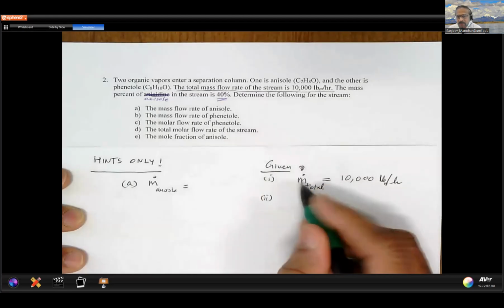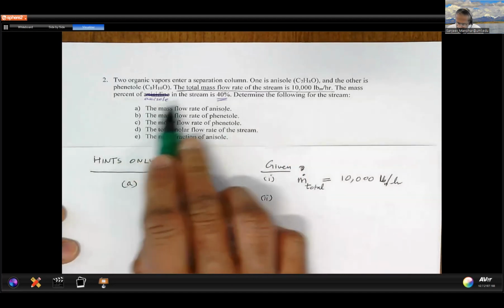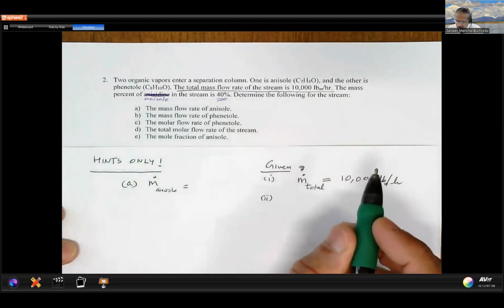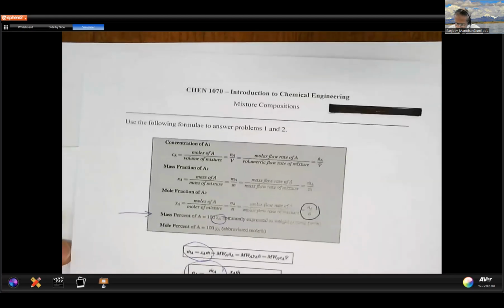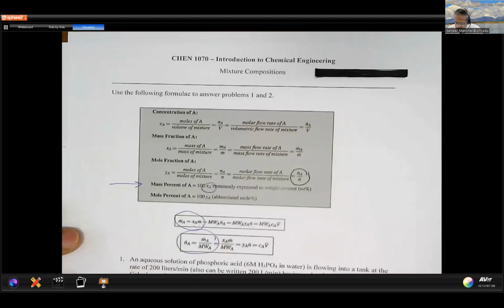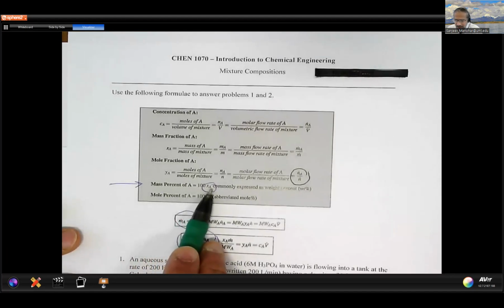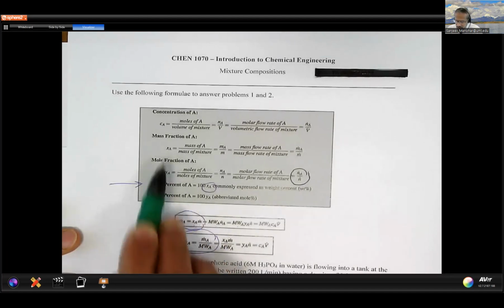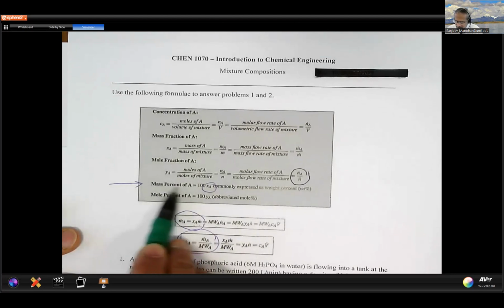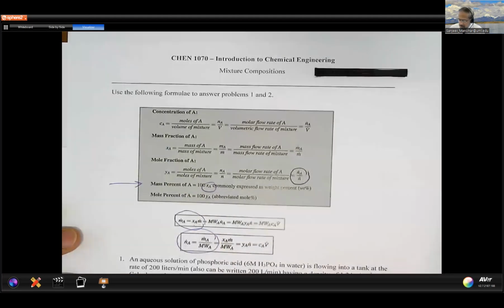The mass percent of anisole is 40%. So what is mass percent? See that? Mass percent is 100 times X. What is X? X is mass fraction. So if mass percent is given, that means mass fraction can be calculated.